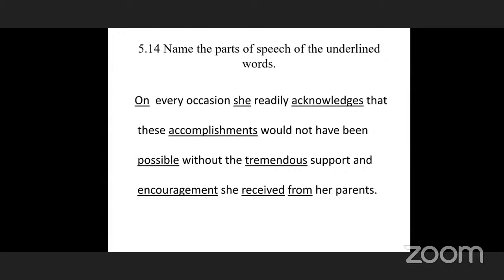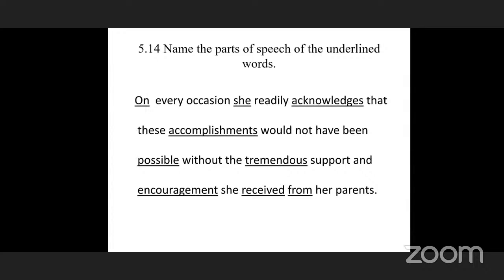Next, accomplishments. The word ends with s, so it is either a noun or V1 s/es. Accomplishments means achievements, so it is a noun form. Next, would not have been possible. Possible means adjective.